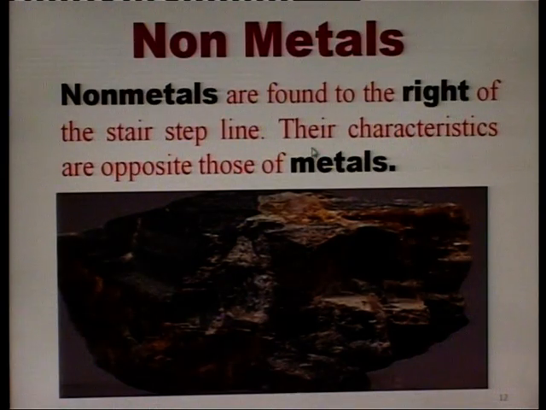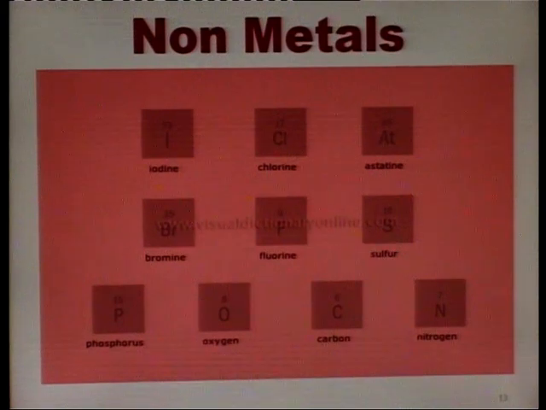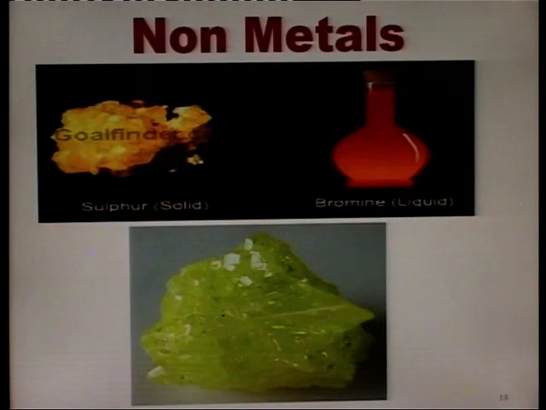Their characteristics are opposite those of metals. Pictures of non-metals, for example, bromine, fluorine, chlorine, astatine, iodine. These are non-metals. These are also non-metals, bromine.